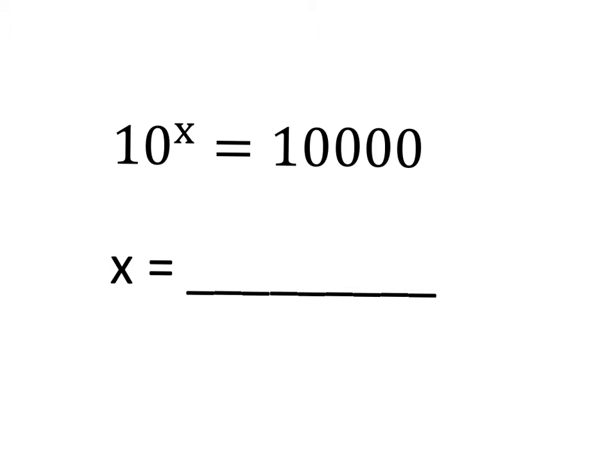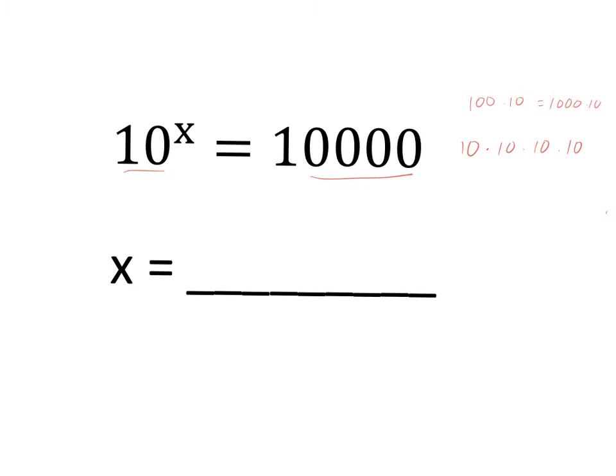Okay, so for this next one, again, we know that it's got to be 10 times itself so many times. So we know 10 times 10 is 100, correct? Yes. That's not going to give us enough, but if I multiply 100 times 10, that will give me 1,000. Is that going to be enough? No. I got to do it one more what? Time?